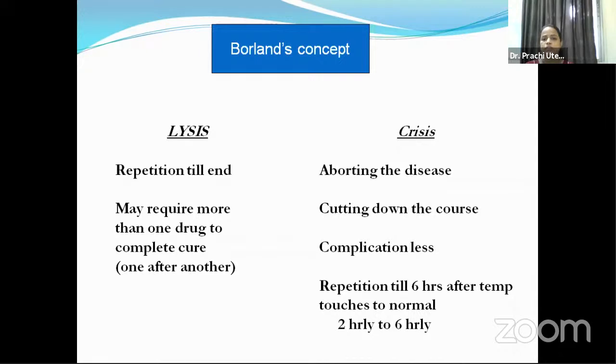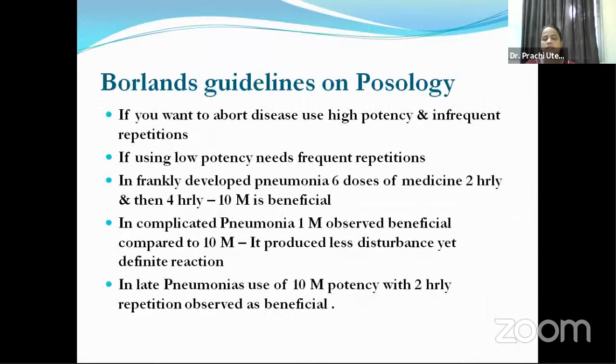There is cutting down of the course, and in this variety the complications are less observed. Here the repetition continues until 6 hours after the temperature touches normal, at 2 hourly or 6 hourly intervals. Now, he has given certain guidelines, which we can call Borland's view. He said that if you want to abort the disease, use high potency and infrequent repetitions; if using low potency, frequent repetitions are needed.